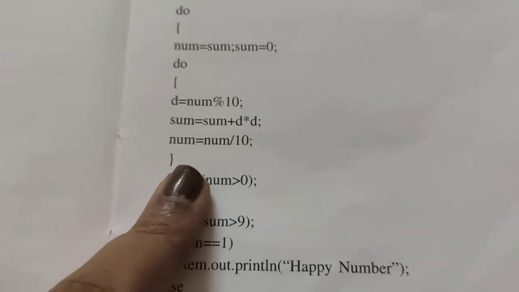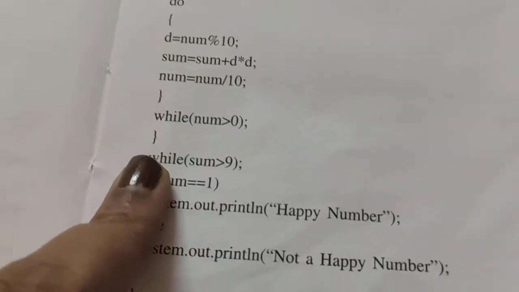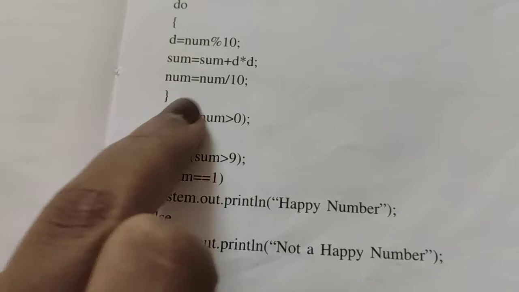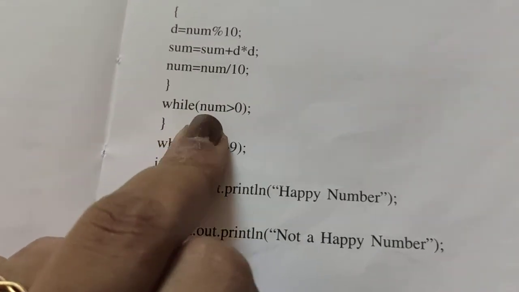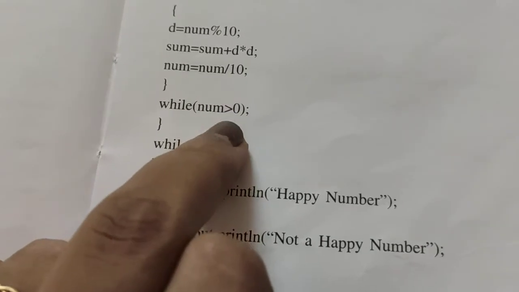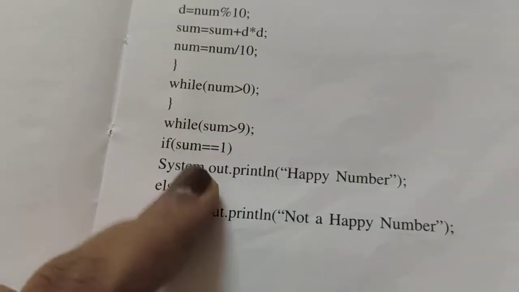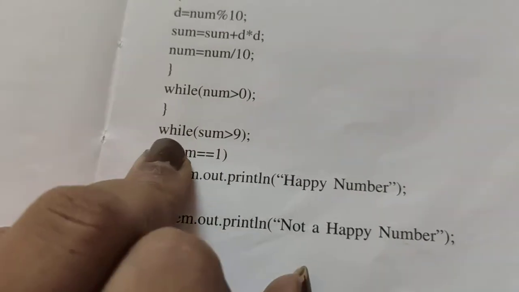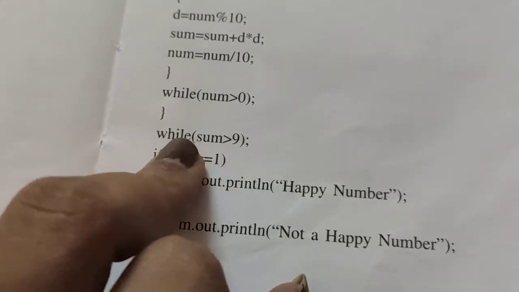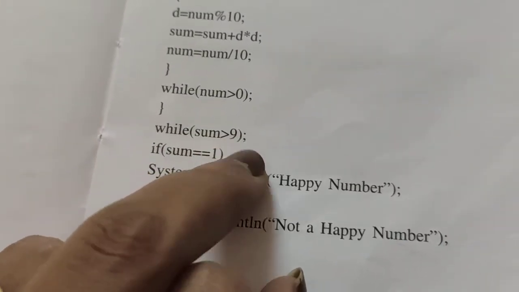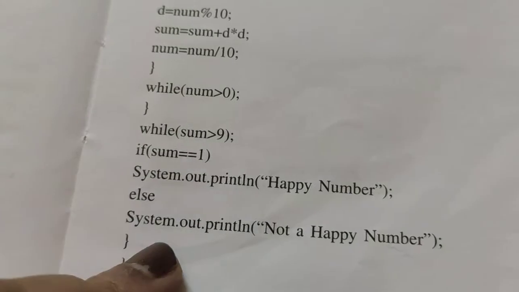So your sum will be equal to 1, and you are coming out, because this condition will not be true, because num is not going to be greater than 0. So it will come to the outer loop, and now the sum value is 1 and 1 is not greater than 9. So it will also come out of the loop.